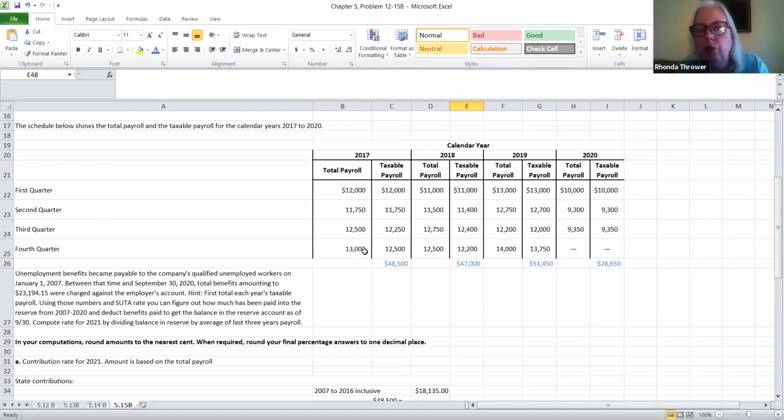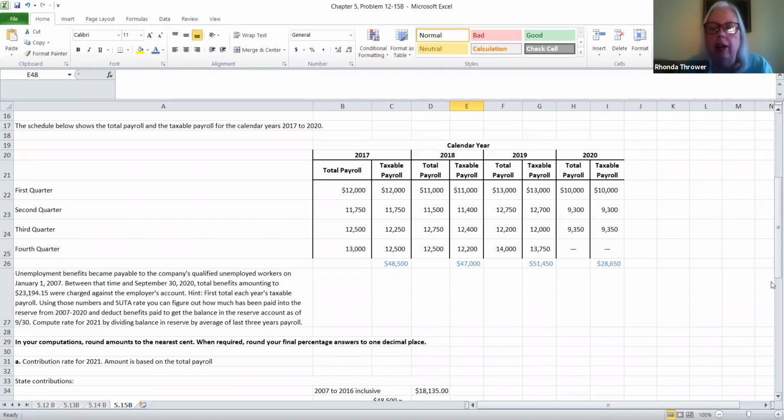In other words, 13,000 plus 11,000 plus 11,500 plus 12,750 is the total payroll for 2017.